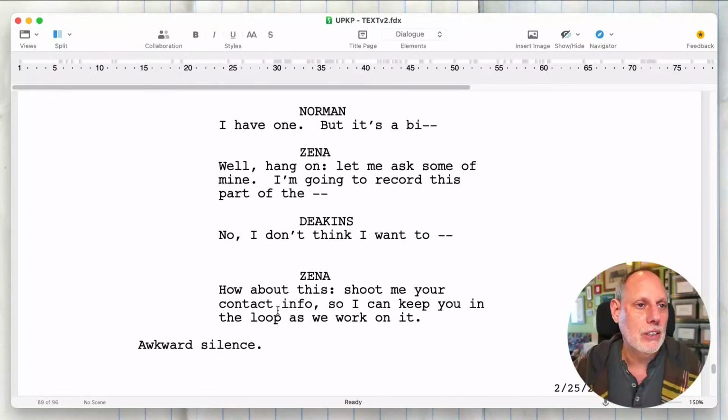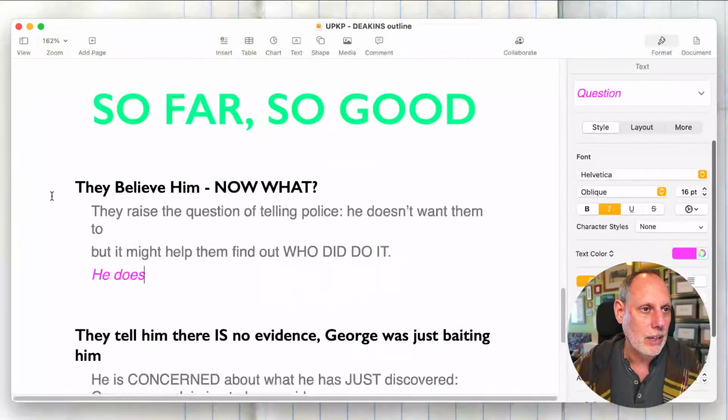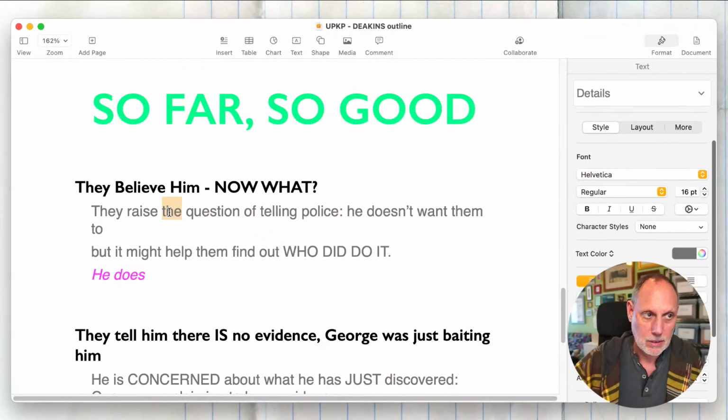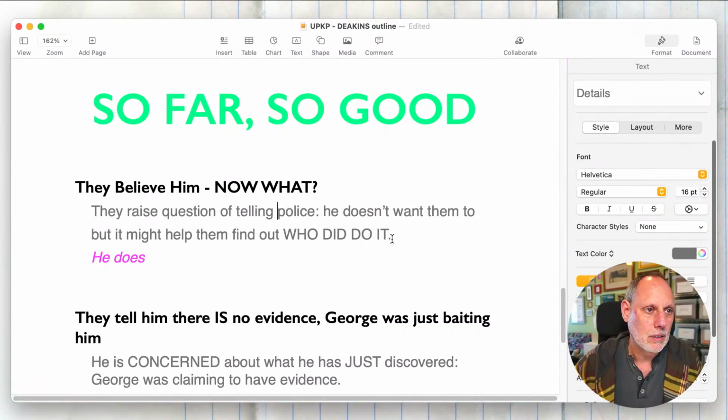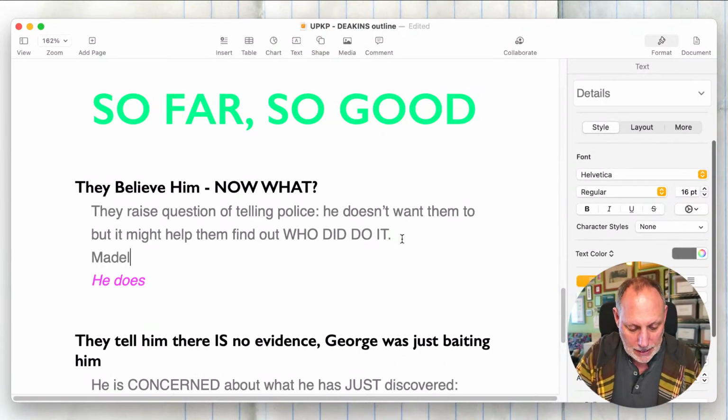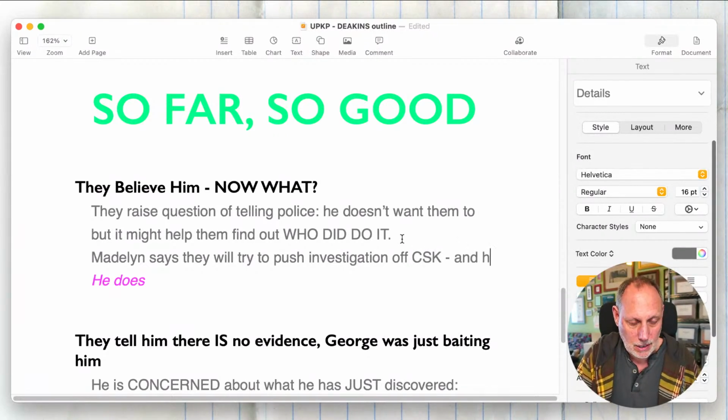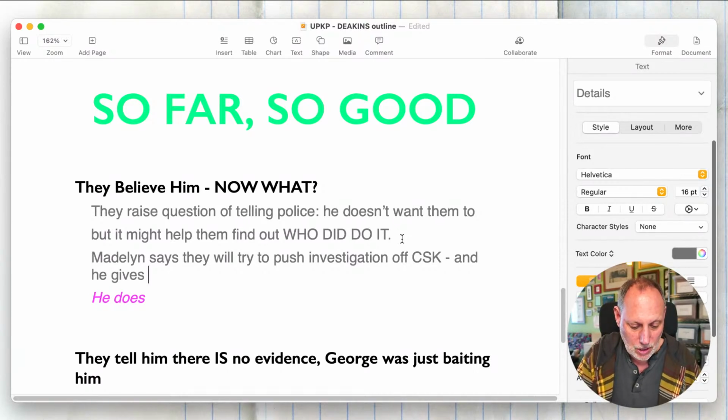So there's some sections here that are okay, they're not great, but at least I know. Madeline says they will try to push investigate off CSK, and he gives his blessing to that.